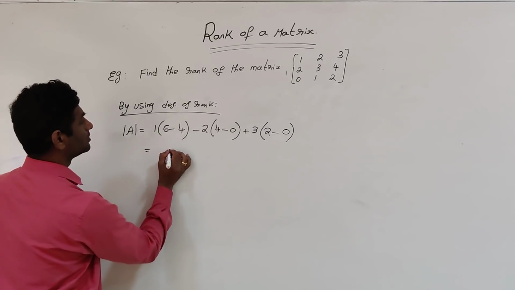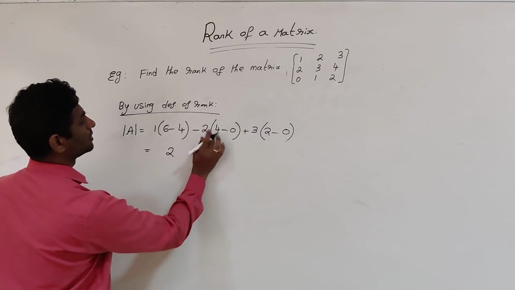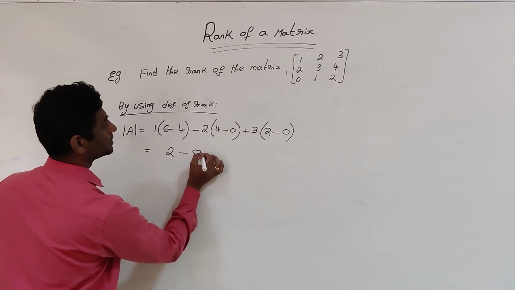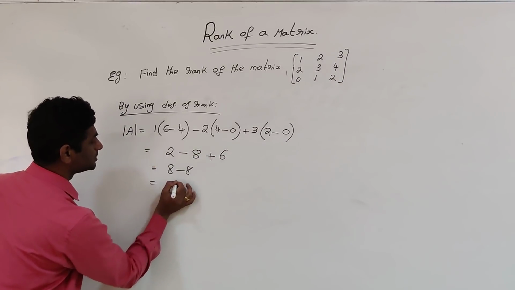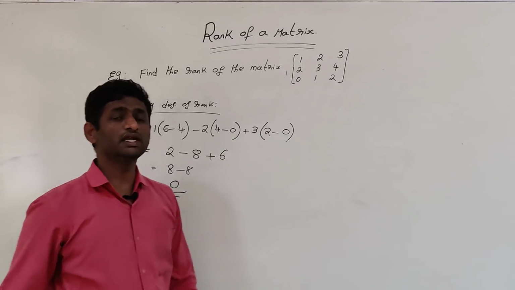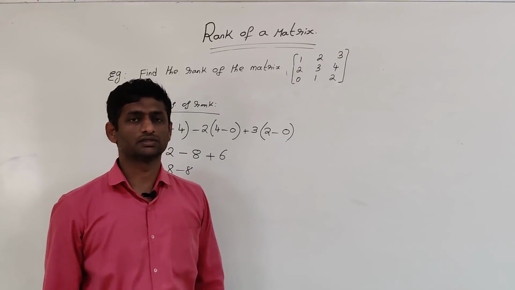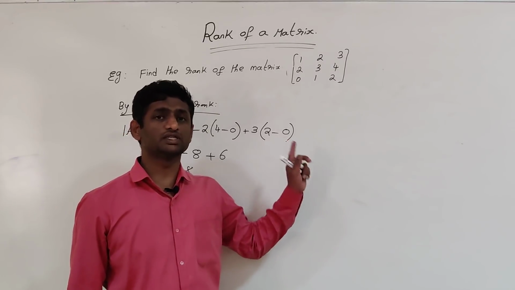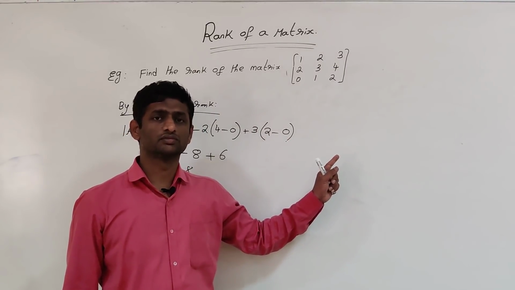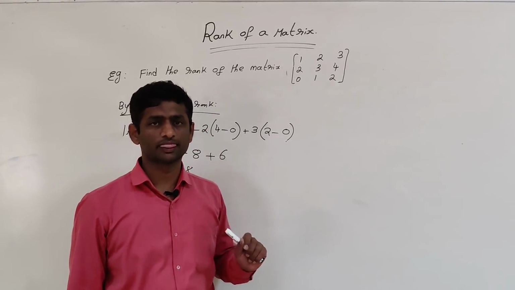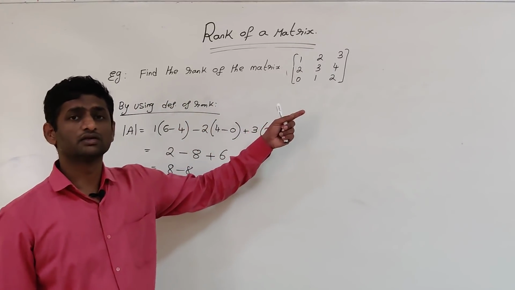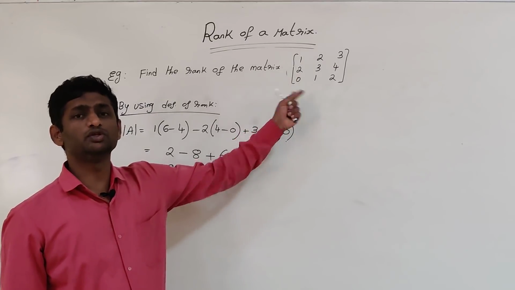That is 6 minus 4, 2, minus 8 plus 6. So 8 minus 8, which is 0. So A is a singular matrix, meaning the rank of the matrix is not 3. Not 3 means it may be either 2 or 1. Now we'll check whether it is 2.